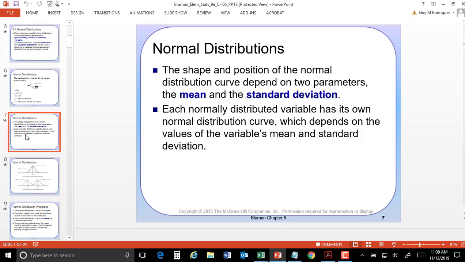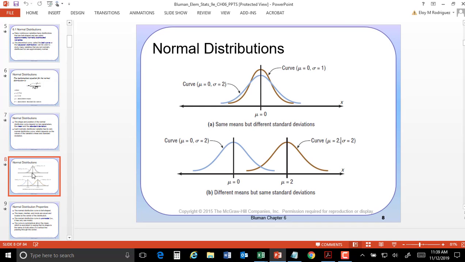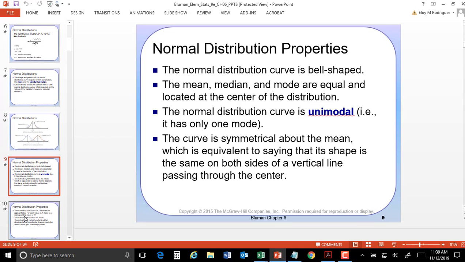Here we have the mean and the standard deviation.